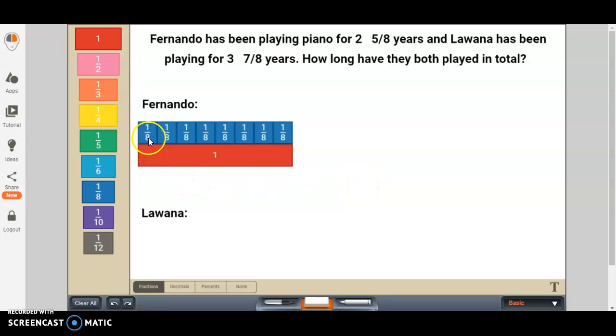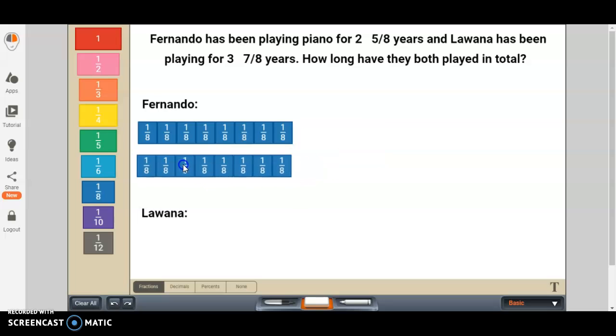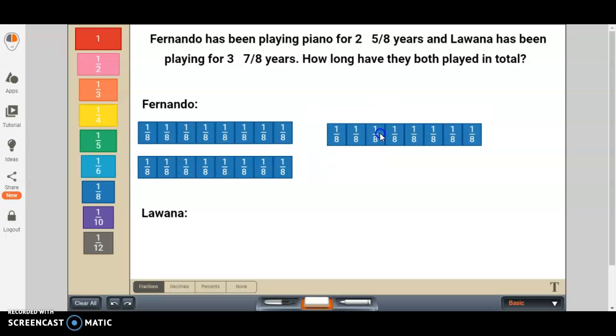So I have 1 whole year here, right? It's broken up into eighths, but it's 1 whole year. And we've said that Fernando has been playing for not just 1, but 2 years. And then 5/8. 1, 2, 3, 4, 5.